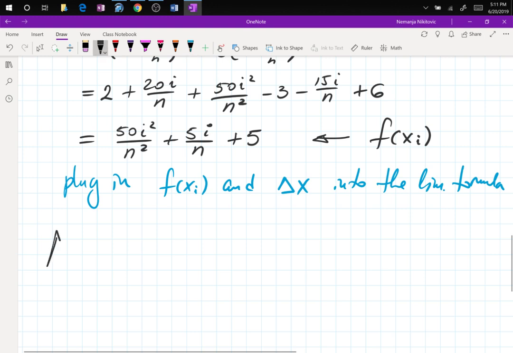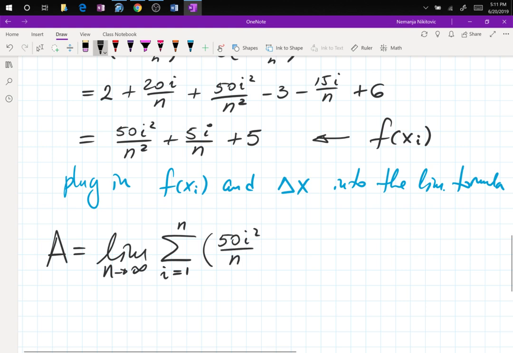We have that exact area is equal to the limit n goes to infinity, summation i goes from 1 to n of, and I have now in parentheses 50i squared over n squared plus 5i over n plus 5, and then times my 5 over n, which is the dx we had.